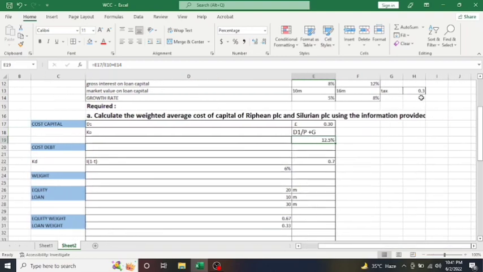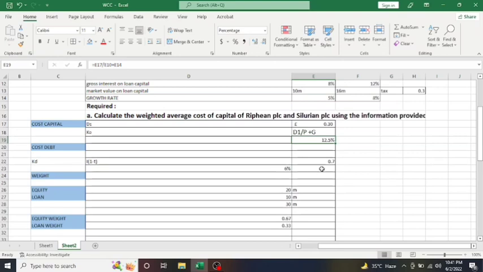Here is the tax that we have, 0.3. We apply the formula, multiplying interest by 1 minus tax, and we get 0.7, so 6% times 0.7.